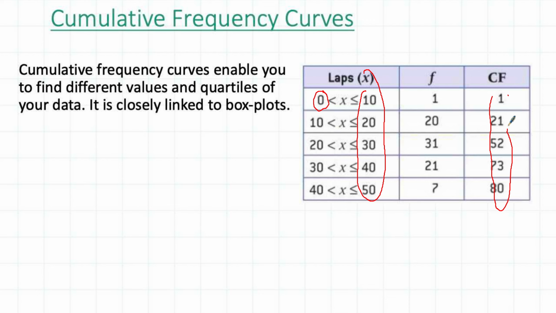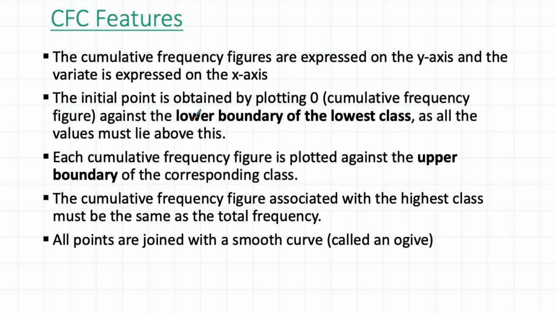Sometimes you will see some cumulative frequency curves that are not connecting to 0, so they only have these values without the lower boundary, but there are some that connect the lowest value with 0, so the lower boundary of the lowest class with 0. Now each cumulative frequency is plotted against the upper boundary, as we said.